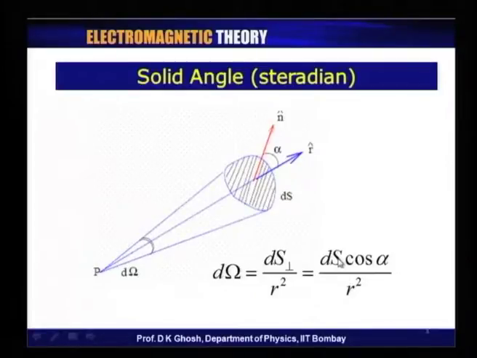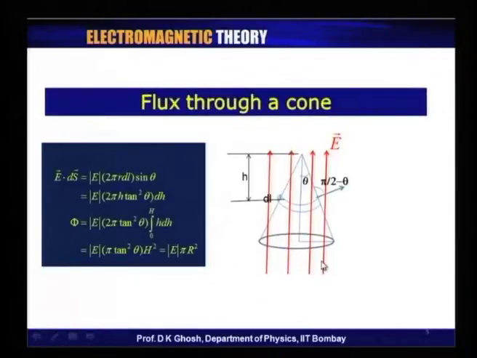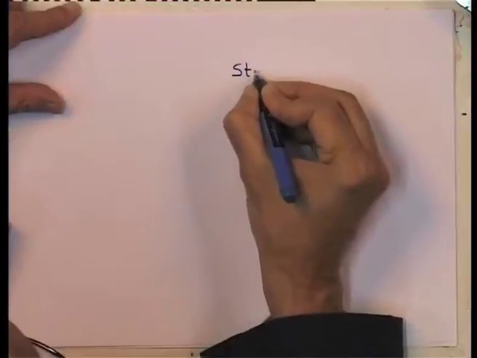So, once again you notice that d omega and hence omega is dimensionless. In spite of that, we measure it in terms of a unit known as steradians.